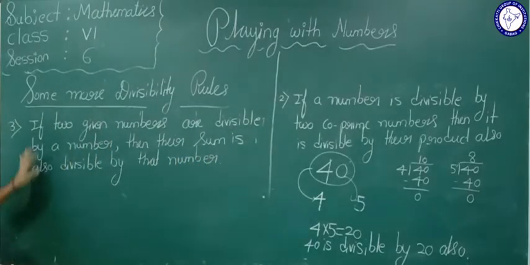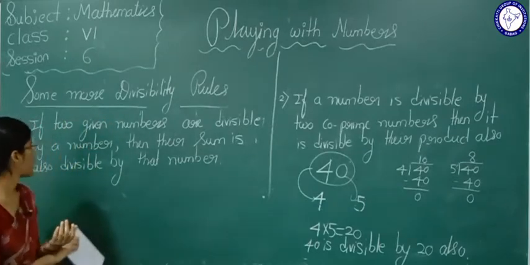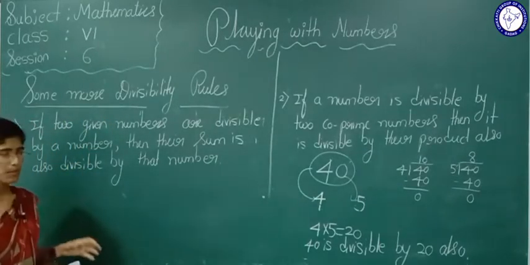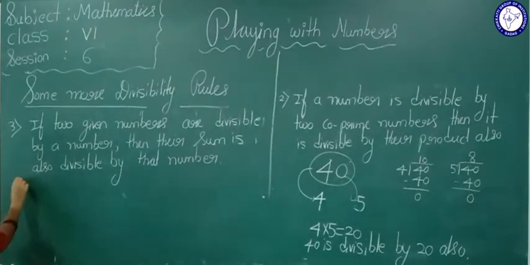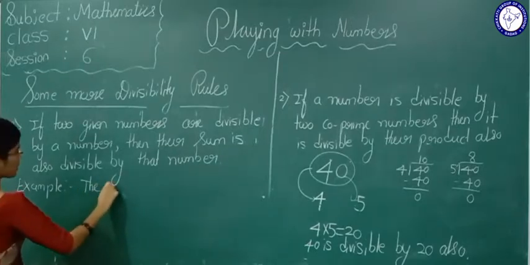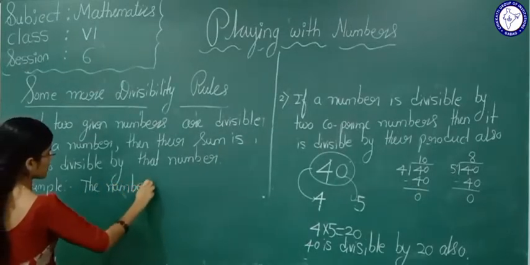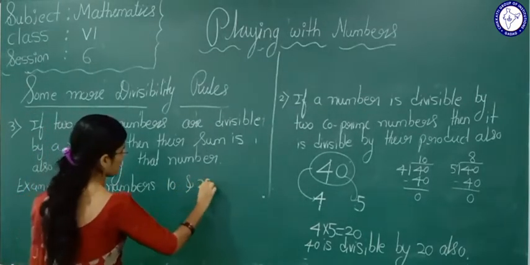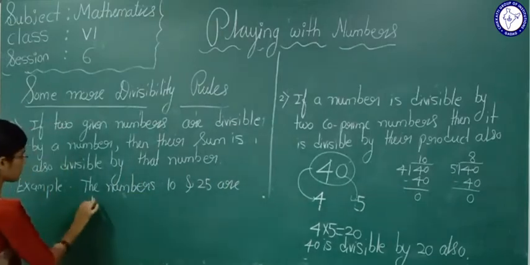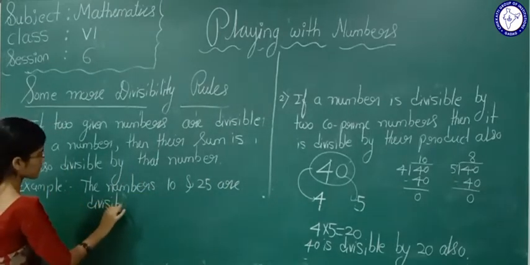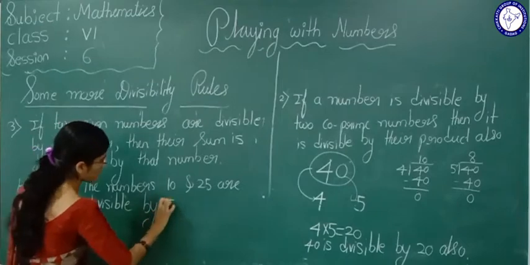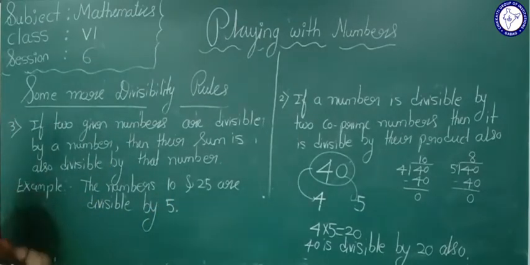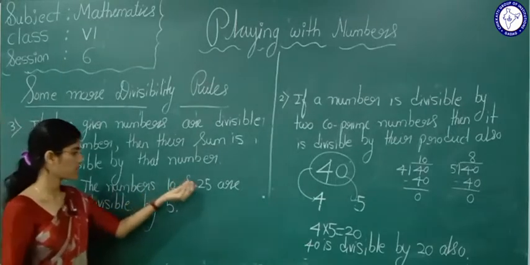Now see, if two given numbers are divisible by a number, take any two numbers. I will take, for example, the numbers 10 and 25, which are divisible by 5.